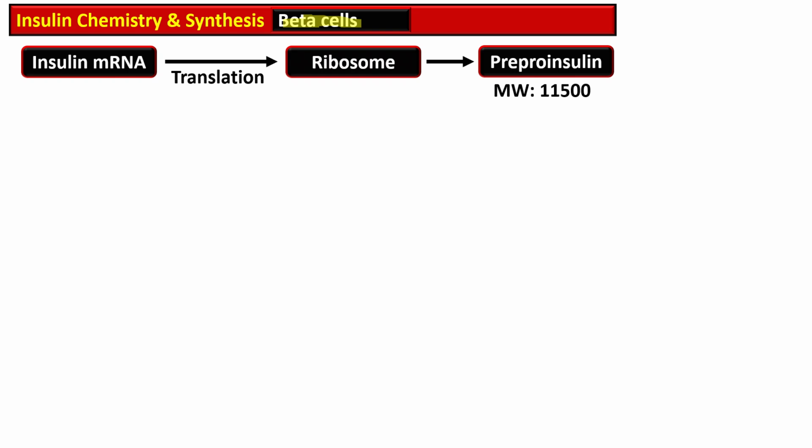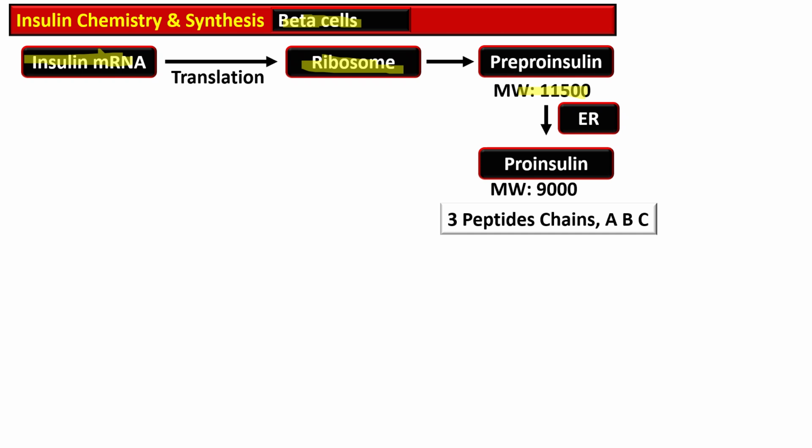This is synthesized on ribosomes that are attached to the rough endoplasmic reticulum and formed from translation of insulin messenger RNA, and it has a molecular weight of about 11,500 daltons. Then preproinsulin is converted into proinsulin in the endoplasmic reticulum, and proinsulin has a molecular weight of 9,000.